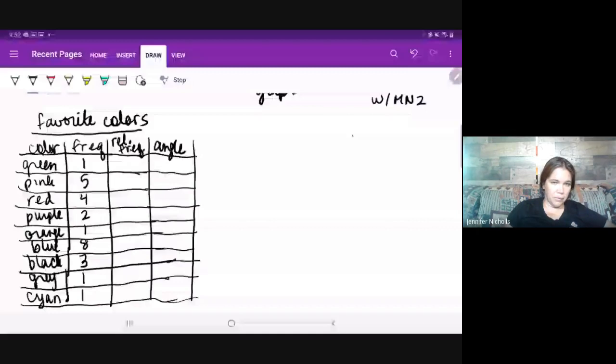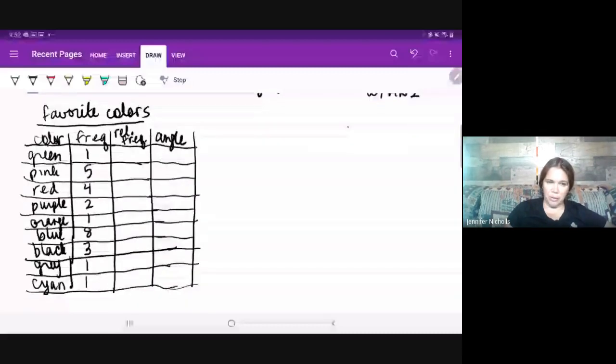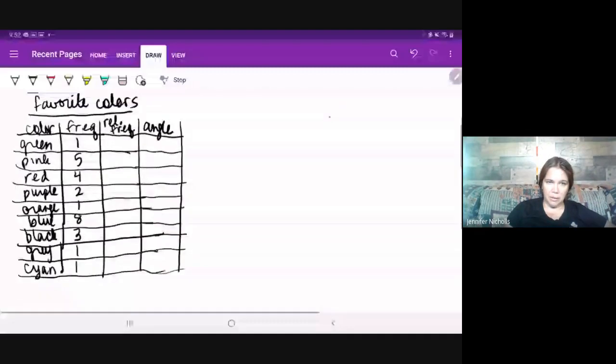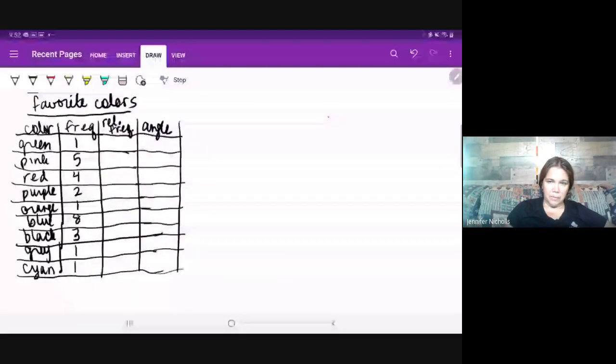Remind me how I found the relative frequency. This is a little review too. How did you find the relative frequency? Divide, yes.